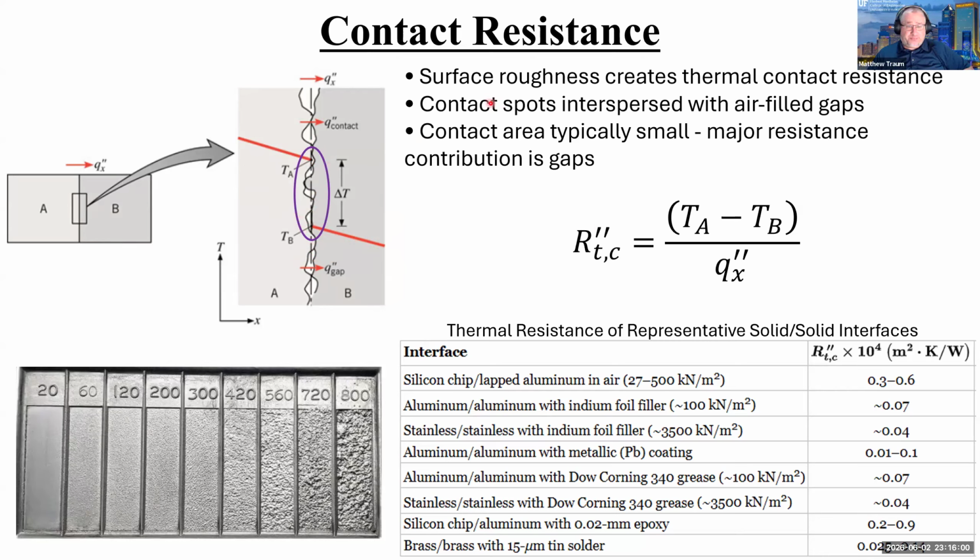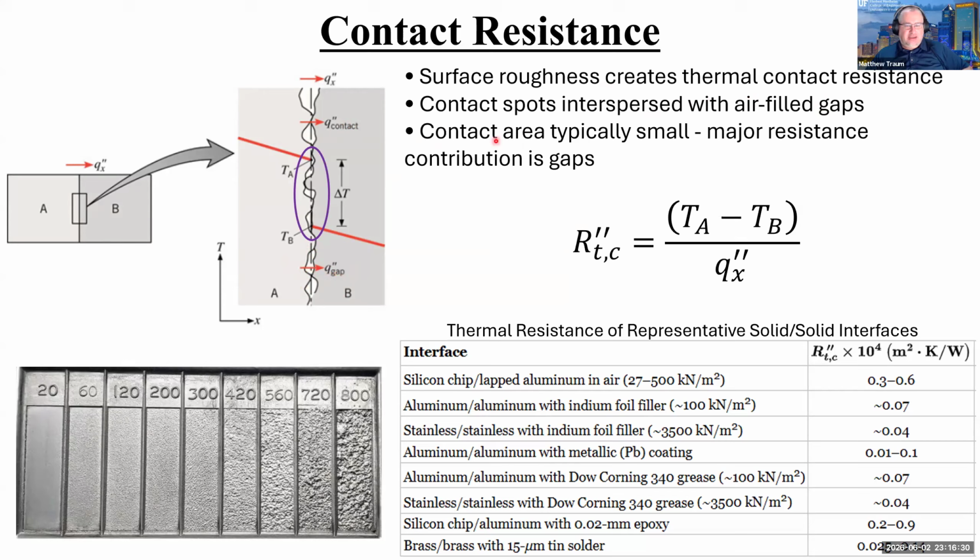Okay, so I say here, surface roughness creates thermal contact resistance. Contact spots are interspersed with air-filled gaps, so the heat transfers across the contact spots and it is impeded from transferring across the gap, although there is a representation here of a little bit of heat transfer across the gap. This is either conduction in the gas or sometimes radiation between A and B across that void.